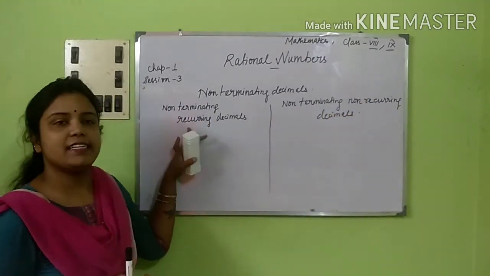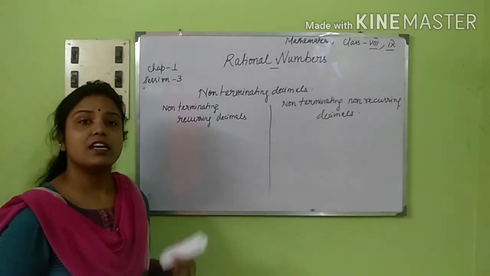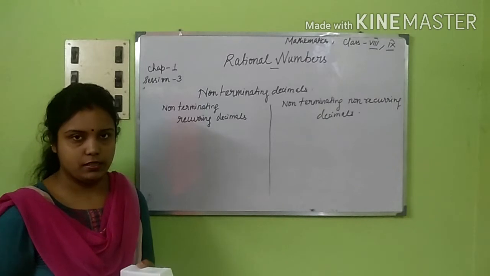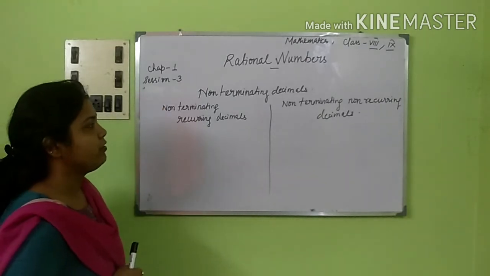Now recurring, as I said, means repeating, and non-recurring means which does not repeat. So let us see examples of non-terminating recurring decimals.